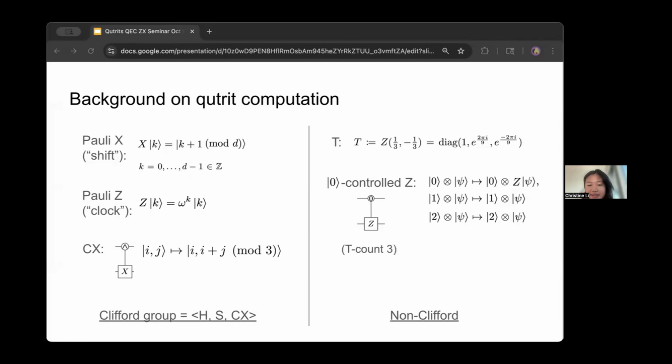And the second is the ket 0 controlled Z, which applies the Z if and only if the control qutrit is a 0, and this is not Clifford. So in combining the Clifford group with the non-Clifford, we can get a T gate, and we can get universal computation.